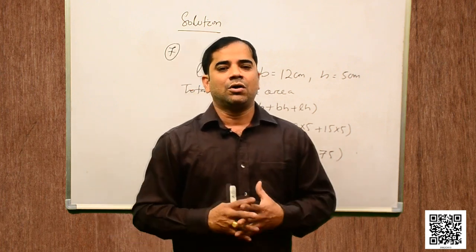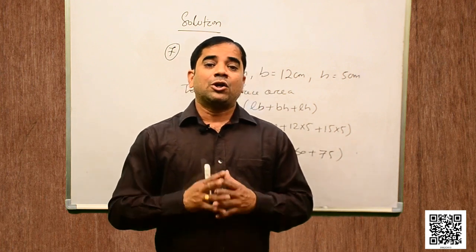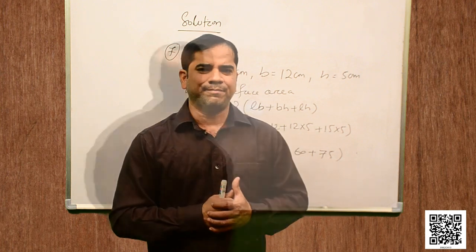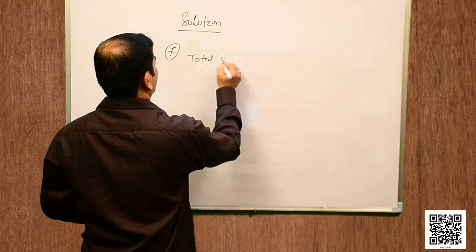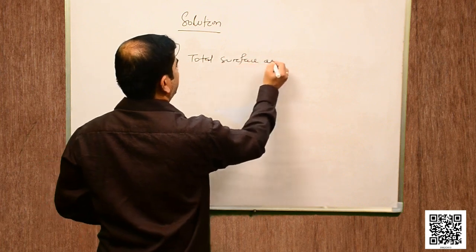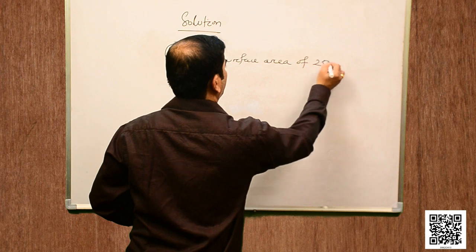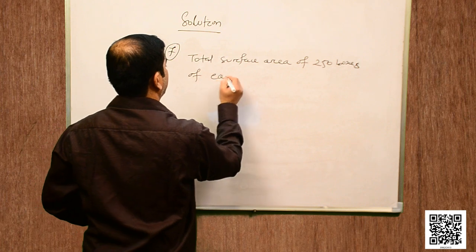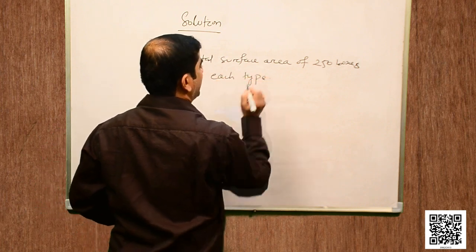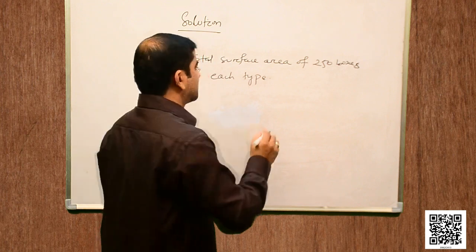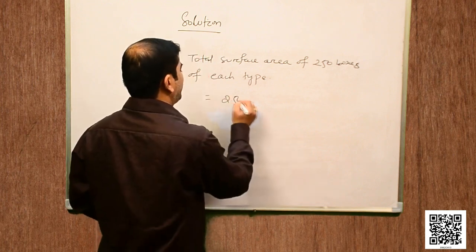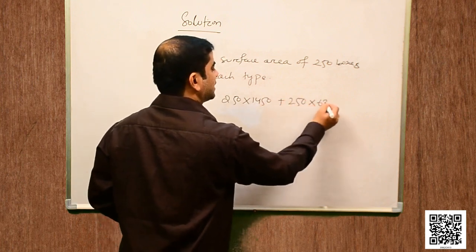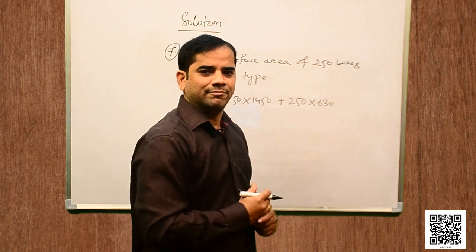Now, total surface area for 250 boxes is to be found out. So, let us find it out. Total surface area for 250 boxes of each type, that means 250 bigger boxes and 250 smaller boxes, is equal to 250 into 1450 plus 250 into 630.